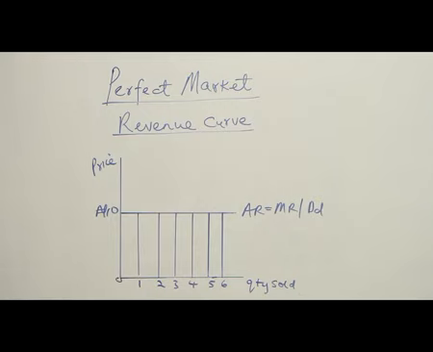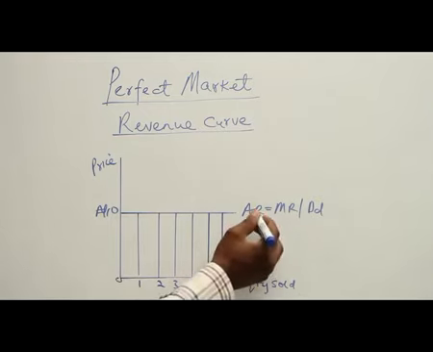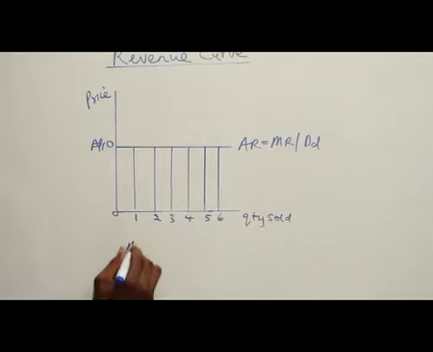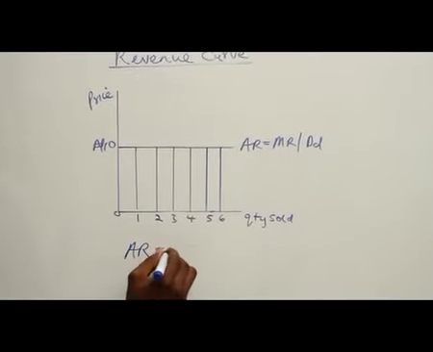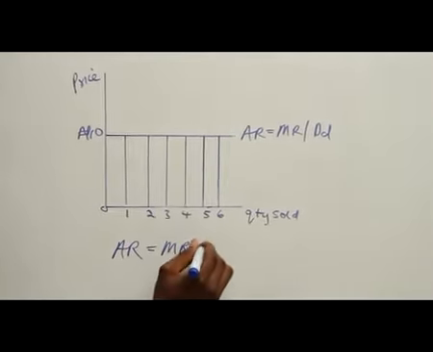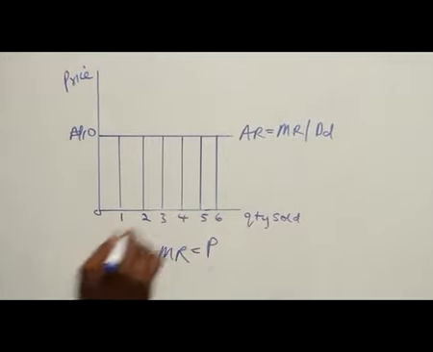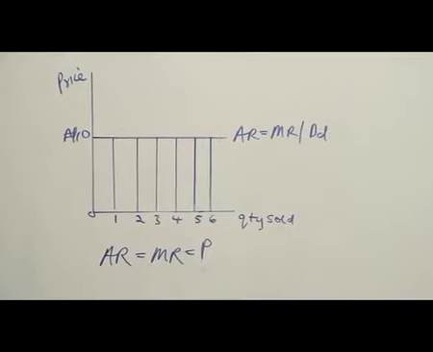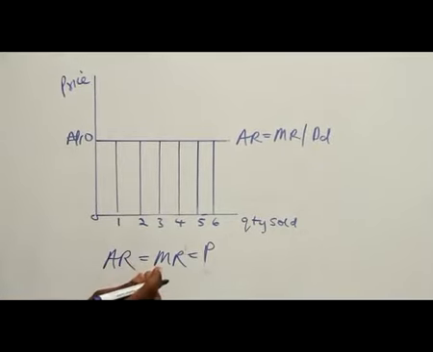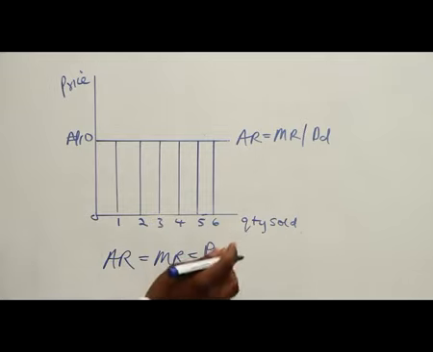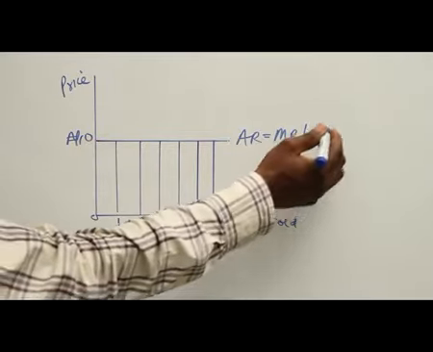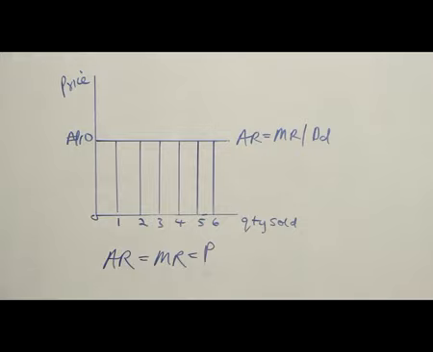So it implies that average revenue equals marginal revenue equals price when we are analyzing perfect markets. Again, average revenue equals marginal revenue equals price under perfect market, and that average revenue or marginal revenue is the same thing as the demand curve of perfect markets.